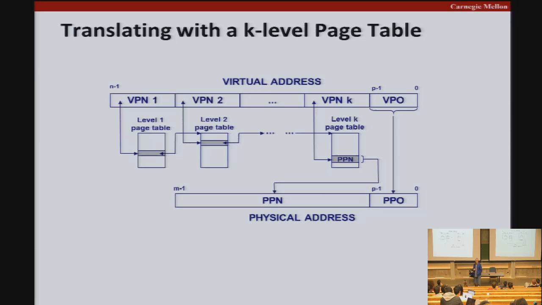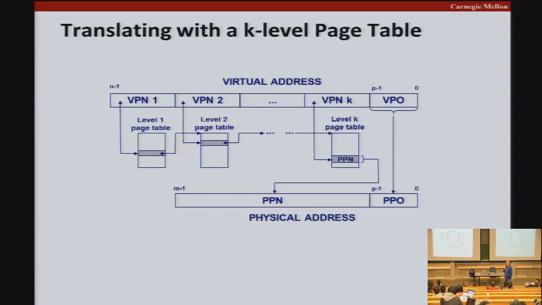This is a K-level page table. The virtual page number is not cached in the TLB. How many actual memory references get made? I have K plus 2. Do I have any other guesses? K plus 1. Any other guesses?